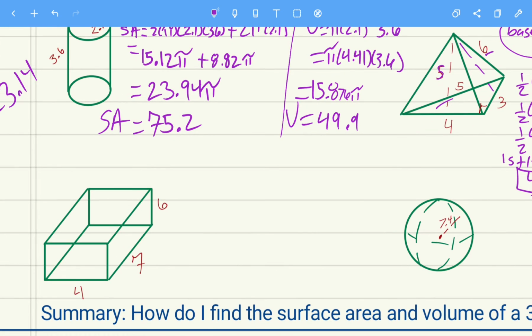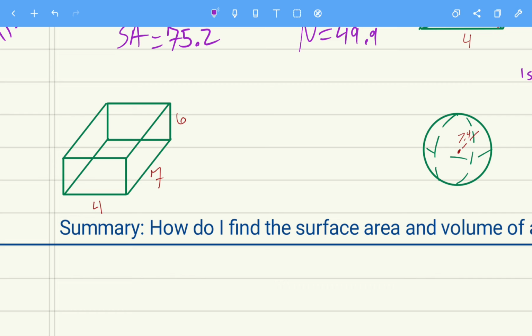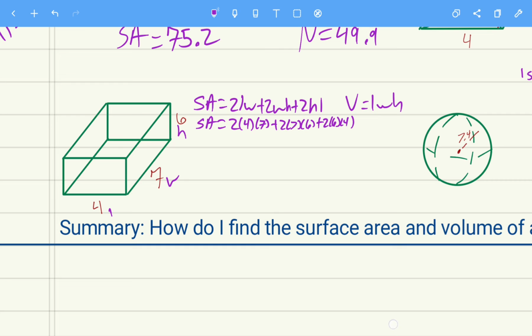Let's do a couple more. We have a rectangular prism here. Surface area is 2 times the length times the width, plus 2 times the width times the height, plus 2 times height times length. So we get 2 times 4 times 7, which gives us 56, plus 2 times 7 times 6, which gives us 84, plus 2 times 6 times 4, which gives us 48.